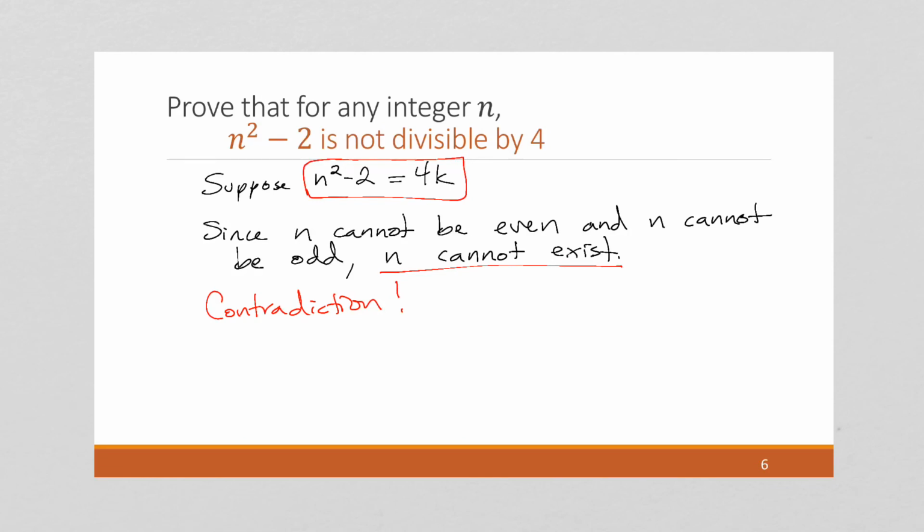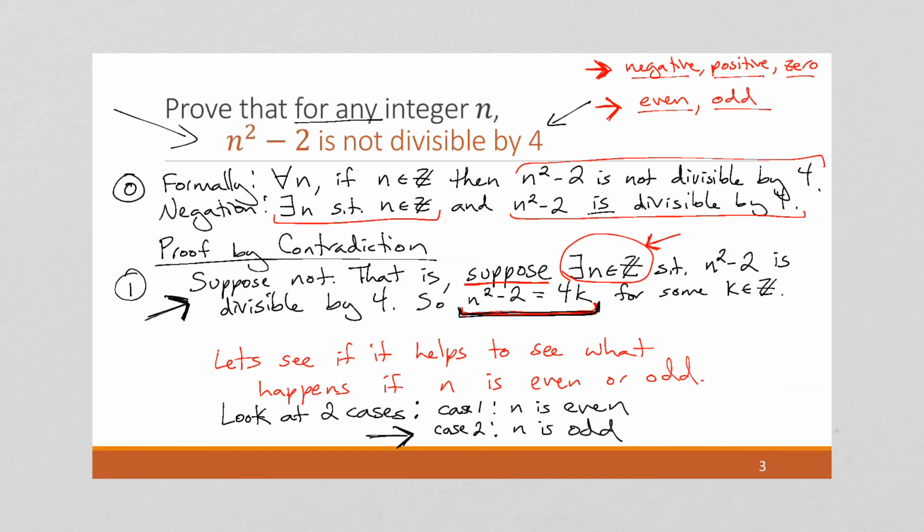Right, and this contradiction lets us conclude that this supposition was wrong, which means that our original statement, if we look back a few pages, was that for all n, if n is an integer, then n squared minus 2 is not divisible by 4. We know that that must be true.